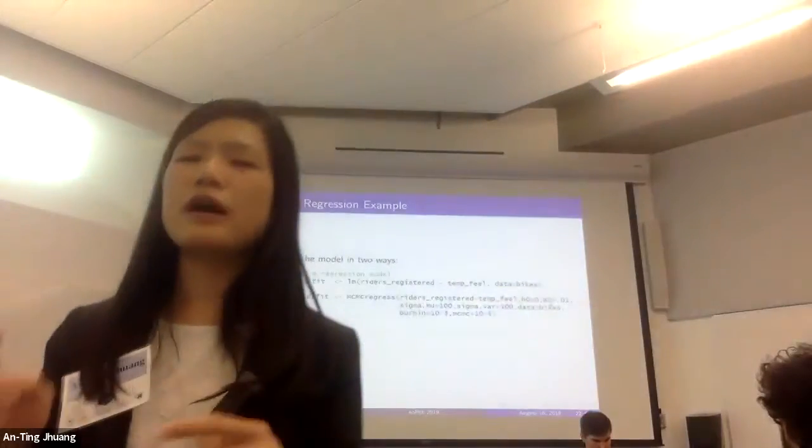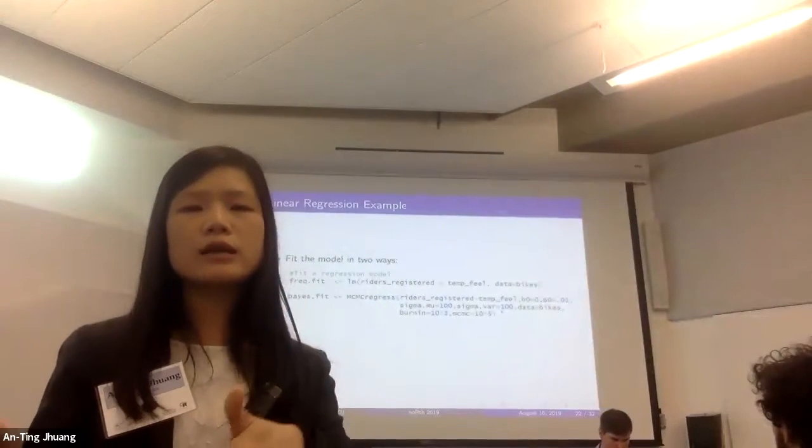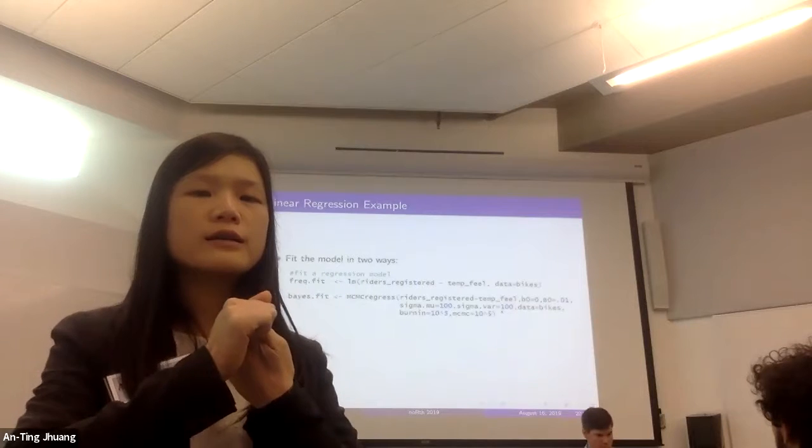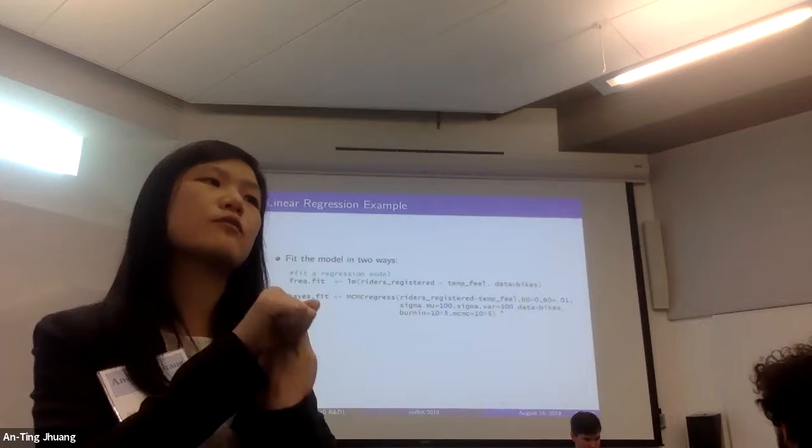If you don't specify them, this function will use its default. And here sigma mu and sigma variance are the mean and the variance for the inverse gamma prior for the sigma square, the random error variance part.